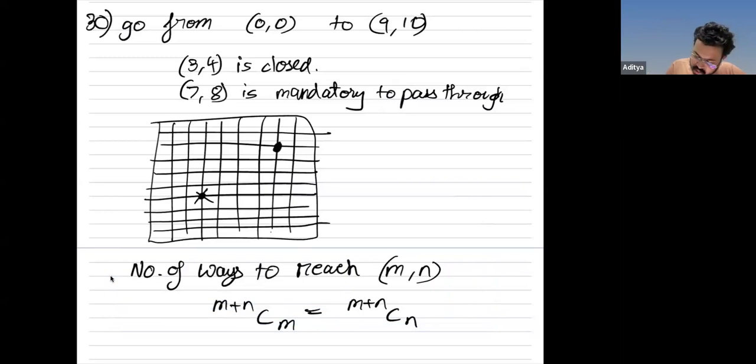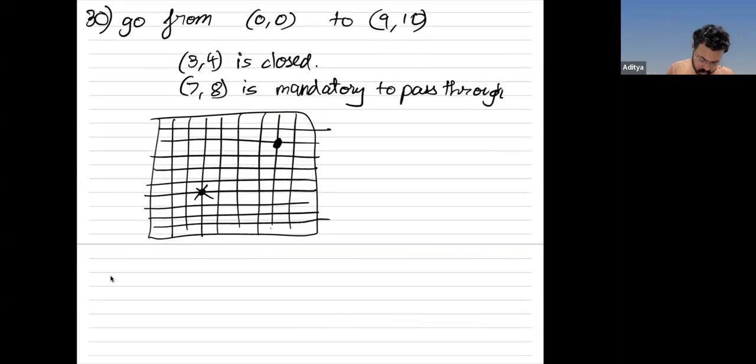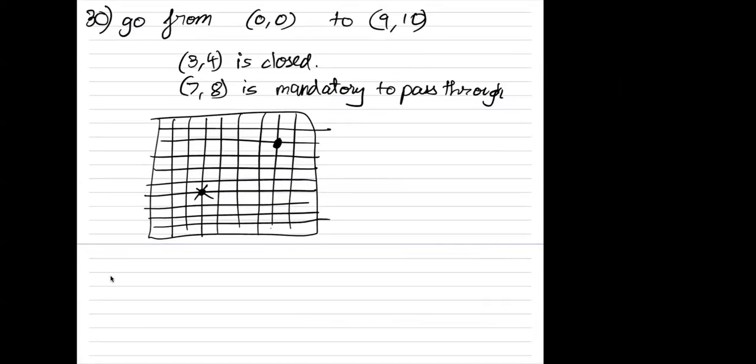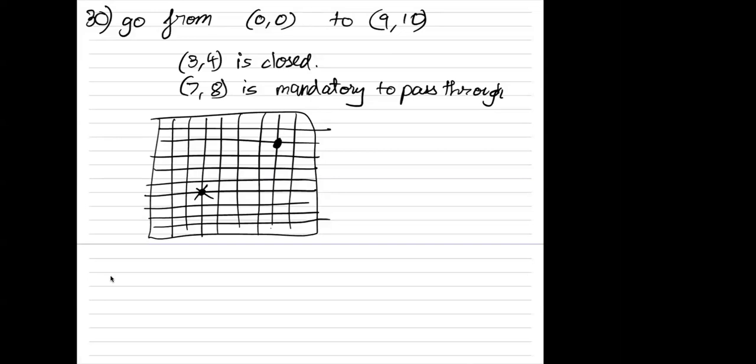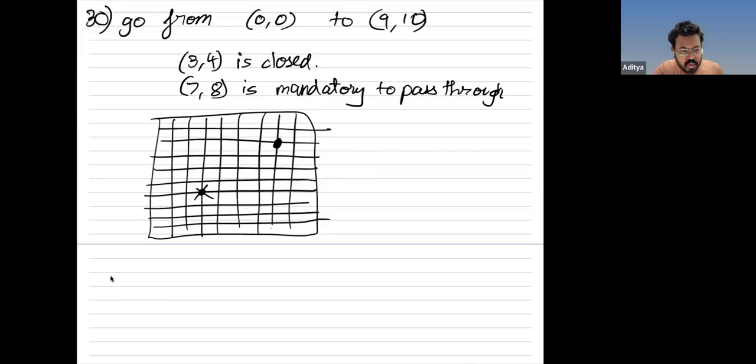I'll give 2 more minutes, then I'll start discussing this question. Soumya, not correct. Tuba, not correct. Vaibhav, you have to multiply with that 4C2 with the last term also. Then it will be correct.